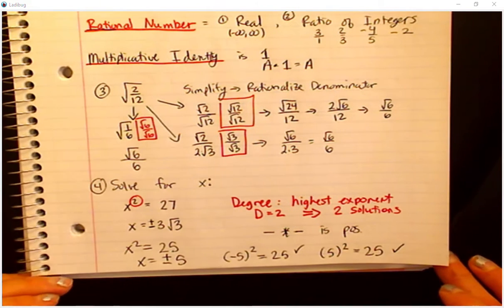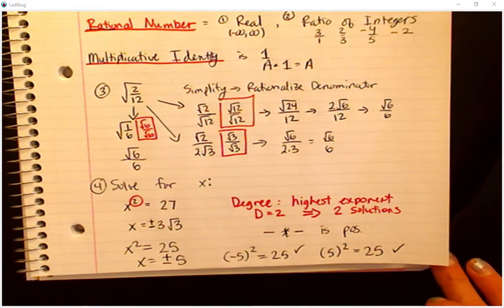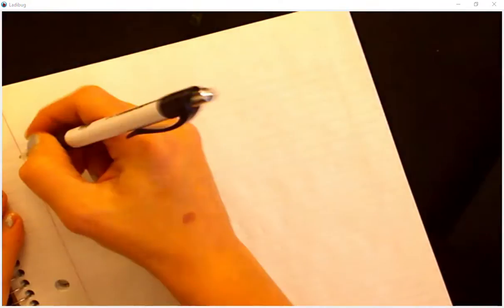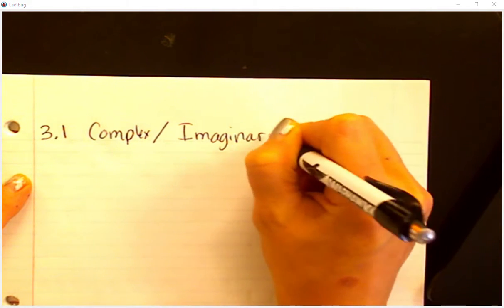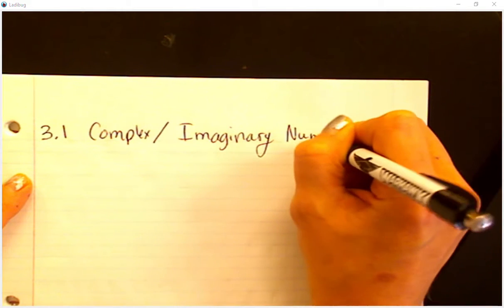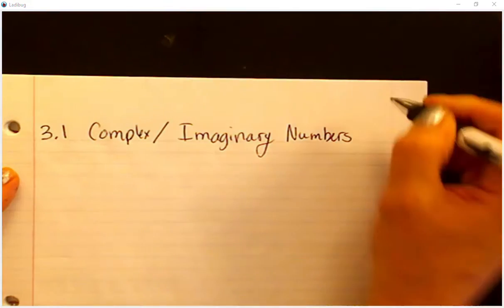Okay, there's the review. Now we're going to start getting into the new stuff that looks kind of similar to what we've just done here. This begins your 3.1. Okay. Complex. Sometimes these are called imaginary numbers.